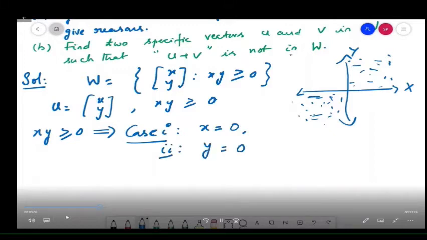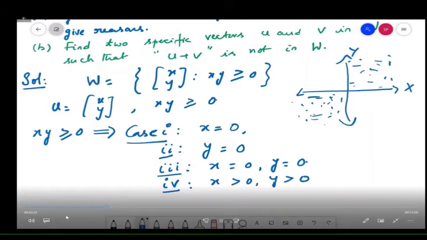Case 2, y is equal to 0. Case 3 is x is 0 as well as y is equal to 0. Case 4 is x is greater than 0, y is greater than 0. And case 5 is x is less than 0, y is less than 0.